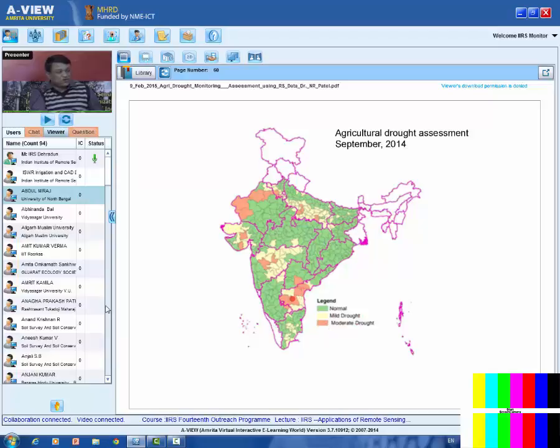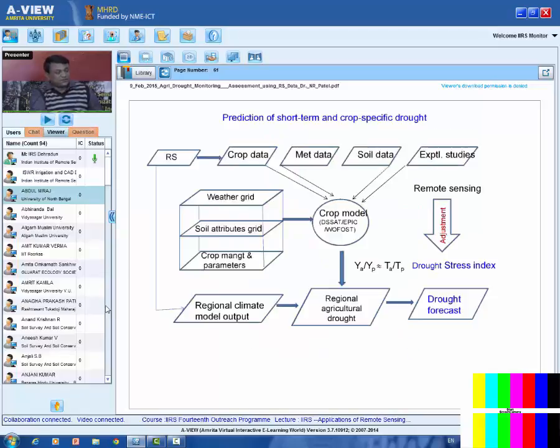Moderate drought areas in this September were Rajasthan, some area of Tamil Nadu, some part of Maharashtra, some Andhra, and one or two districts in Gujarat. So these are the areas which were affected by drought in the current year.